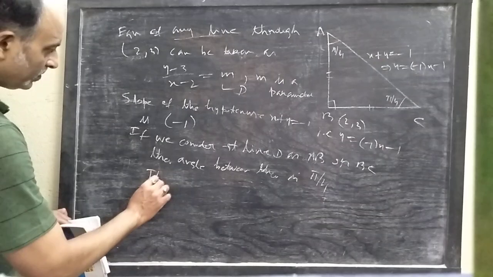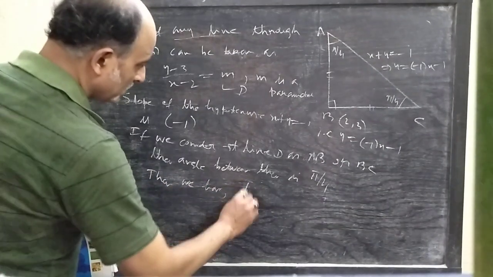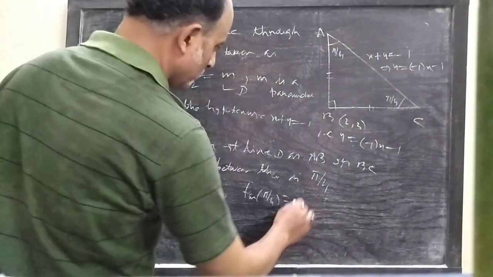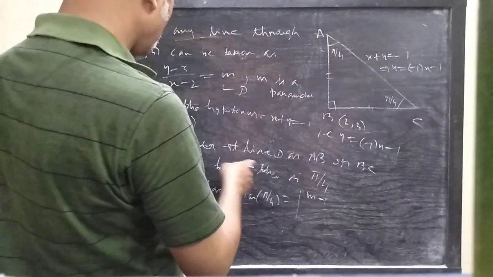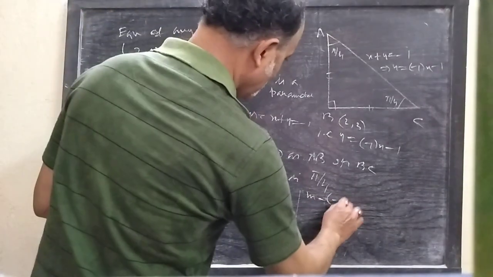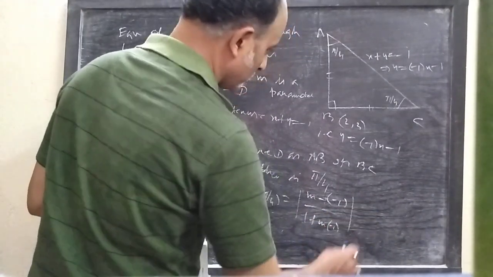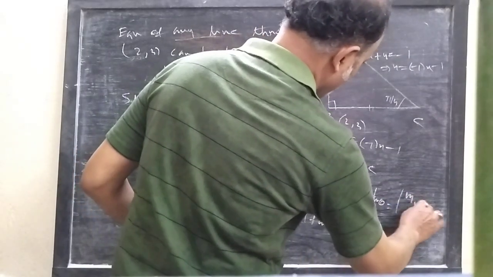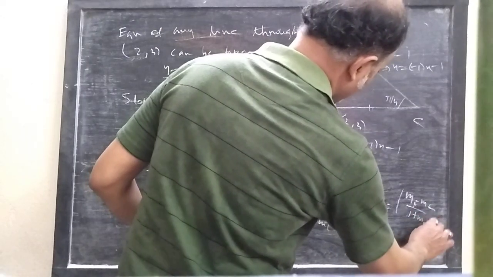Then we have tan of pi by 4 equals the mod of (m minus (minus 1))/(1 plus m into minus 1), because of the formula tan theta equals mod of (m1 minus m2)/(1 plus m1 m2).